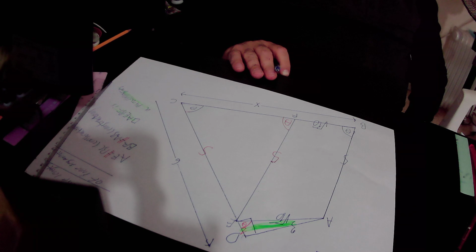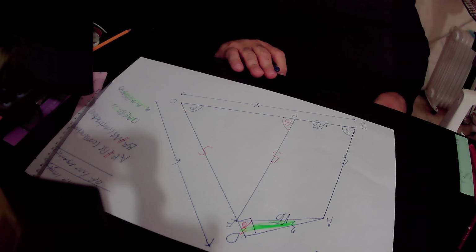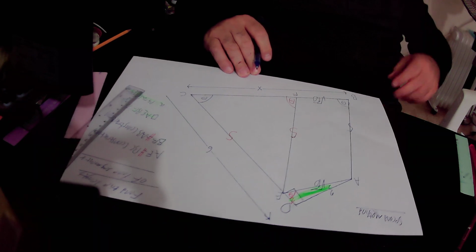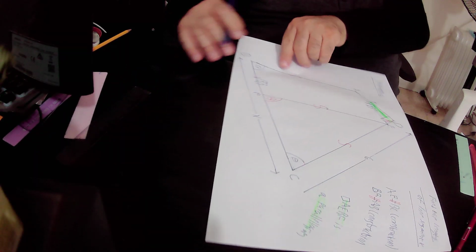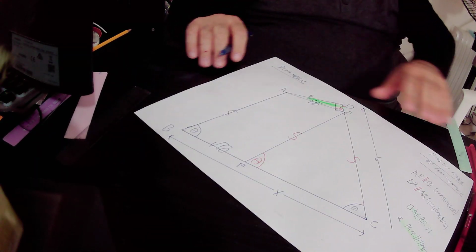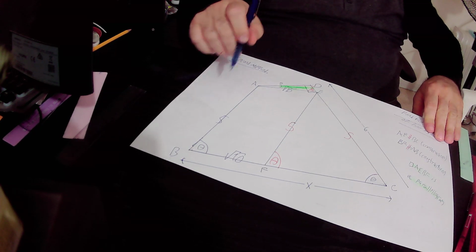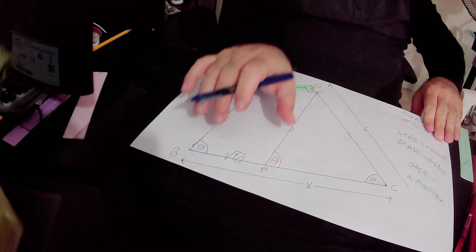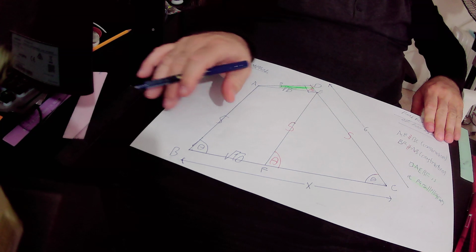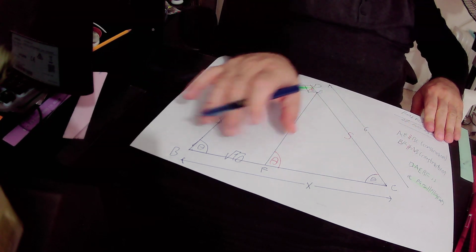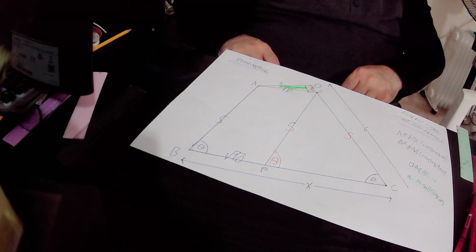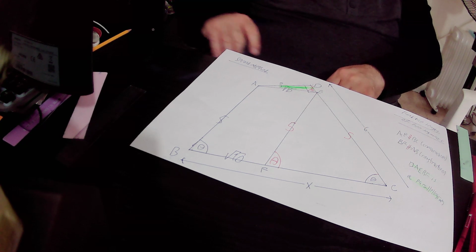So here, from the drawing, it is very easy to see that BC minus BF equals FC.